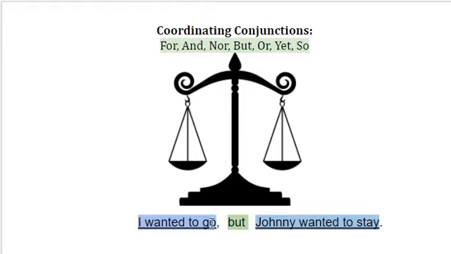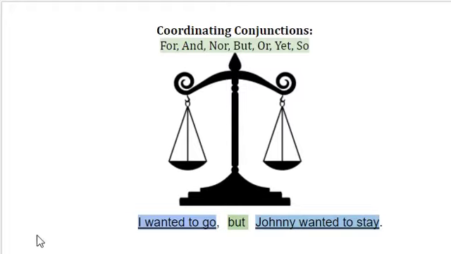I could take out the I wanted to go, and I would still have a sentence, Johnny wanted to stay. Or I could take out Johnny wanted to stay, and I would still have a sentence here with I wanted to go. Now, what coordinating conjunctions do is they say these two things in the sentence are equal. And for coordinating conjunctions, it's a very limited class: for, and, nor, but, or, yet, so, the FANBOYS.